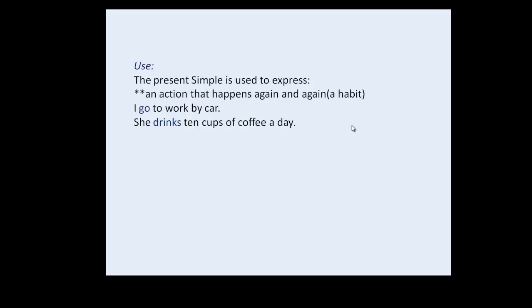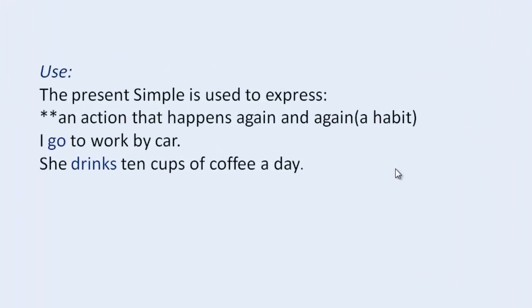Now let's move to the usage of this tense, I mean present simple. Where can we use it? The present simple is used to express an action that happens again and again. I mean a habit.